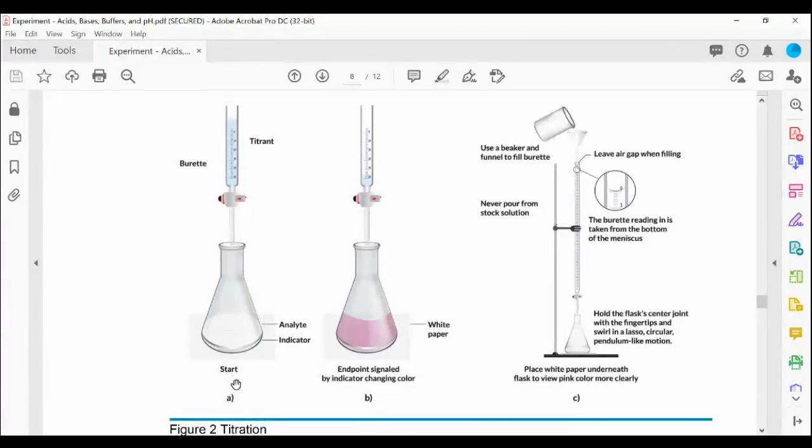So in A is how you start. This is how you are going to perform a titration. In the flask here, you are going to add a known amount of your analyte. Analyte is your unknown. We call it analyte, which is what you are trying to analyze. In our case, it is the vinegar.